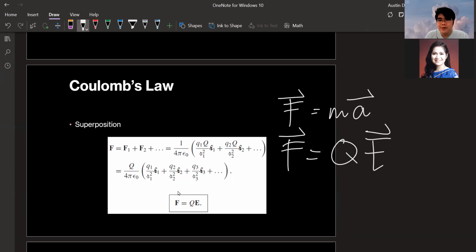Okay? So when there is an acceleration field or acceleration somewhere, your mass has to move. Okay? So your mass is affected by a force that is proportional to the acceleration. Similarly, your charge feels a force depending on the electric field E.